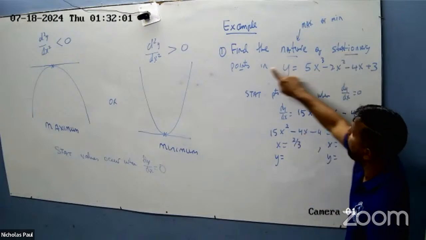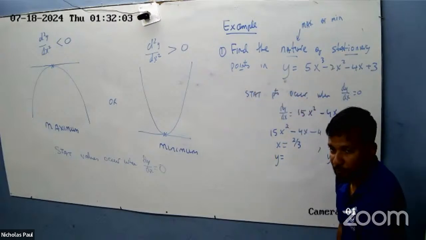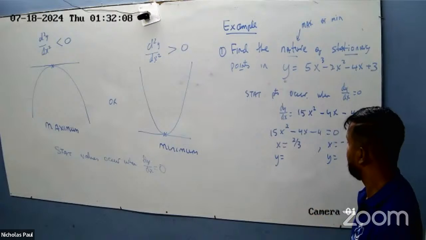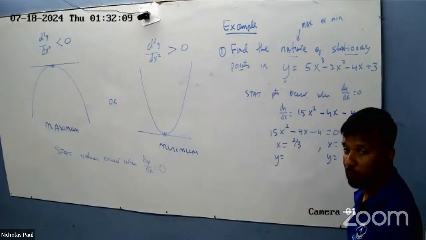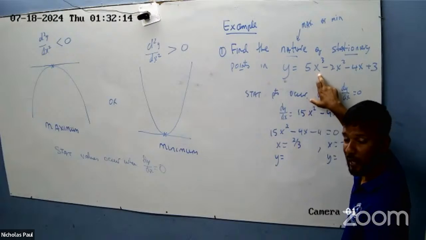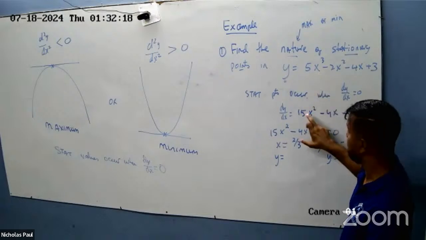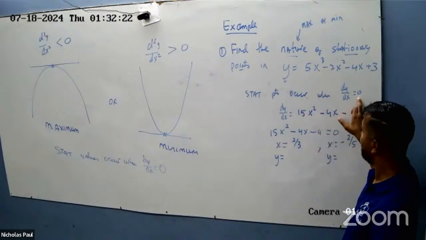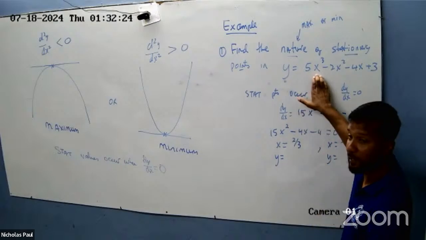Because we need the points. Put it in here, the original equation, not this one. If you put it in the derivative, you will get 0. But instead you want to get y.